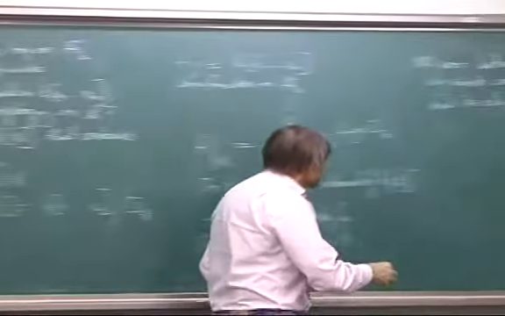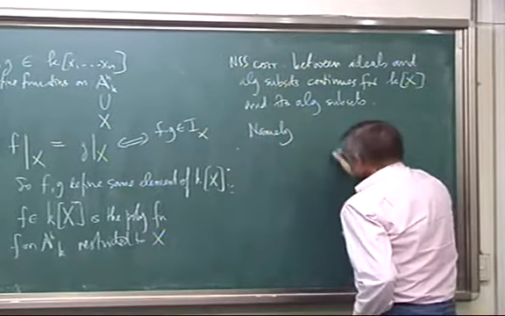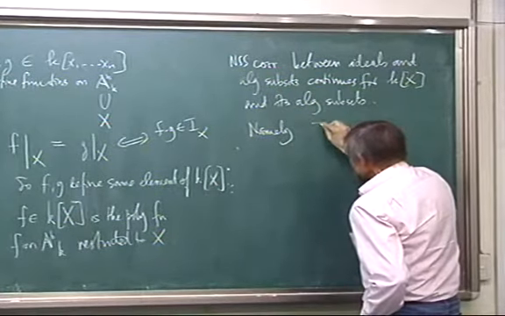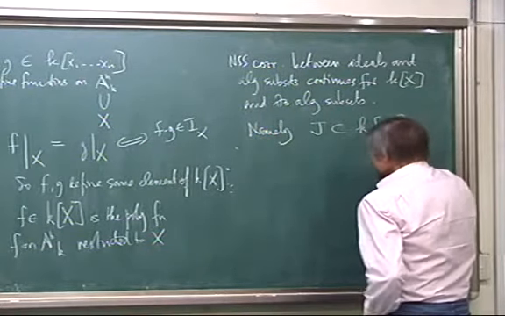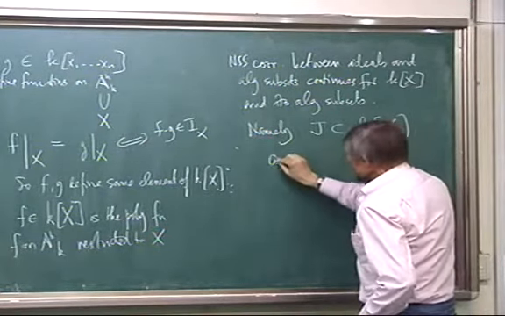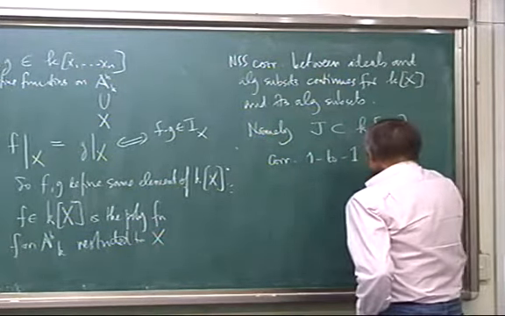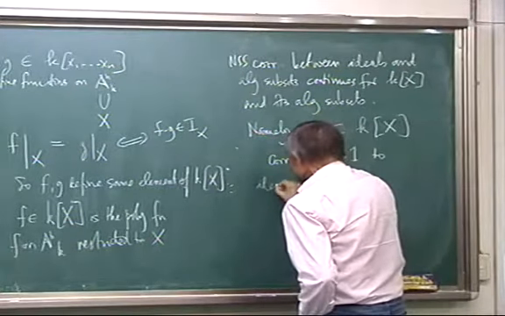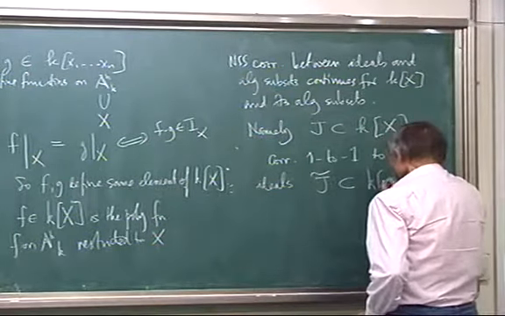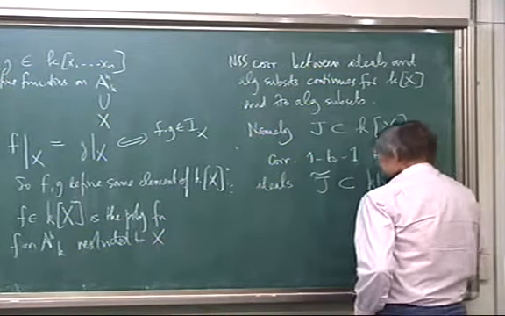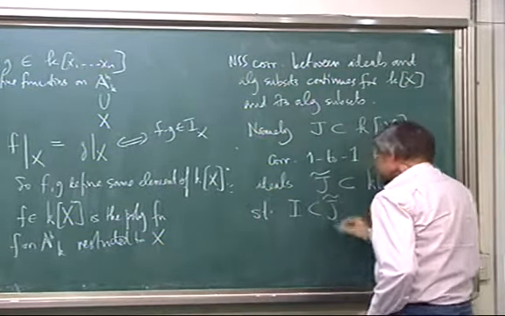And namely, an ideal, let me say J in K of X, these guys correspond one-to-one to ideals, let's say J twiddles in K of x1 up to xn, such that I is contained in J twiddles.